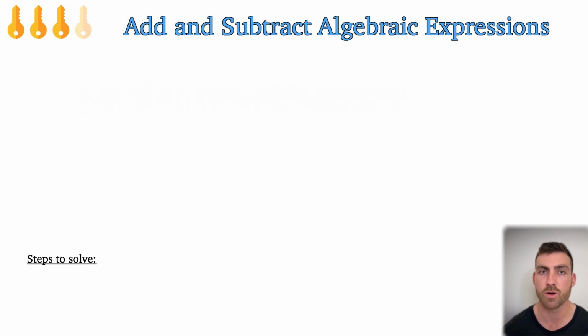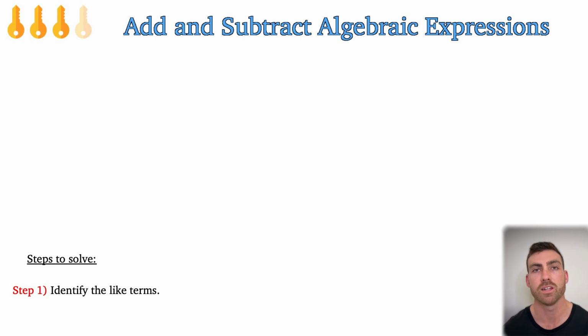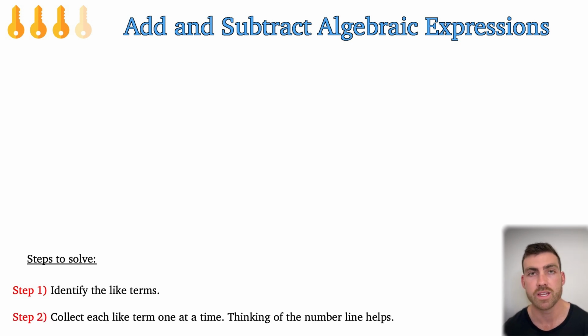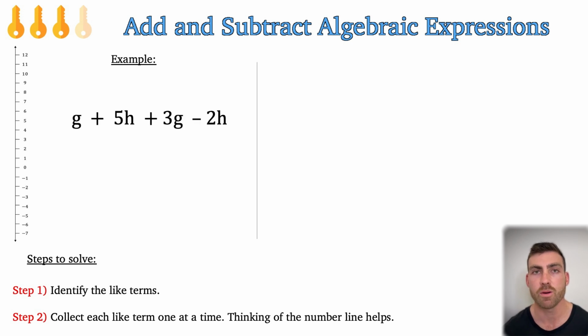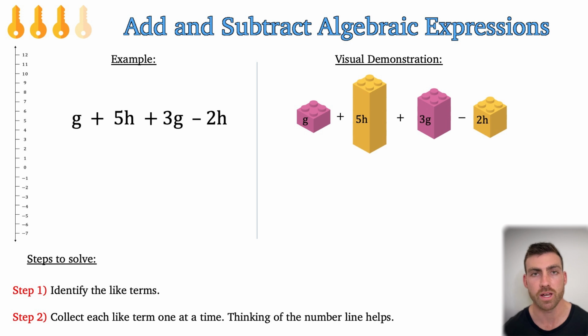So the steps to solve are as followed. Step 1. Identify the like terms. These are the same color building blocks. Step 2. Collect each like term one at a time, and thinking of the number line can help. Let's see how it works in this example. I'll also show you what it looks like with a visual demonstration.